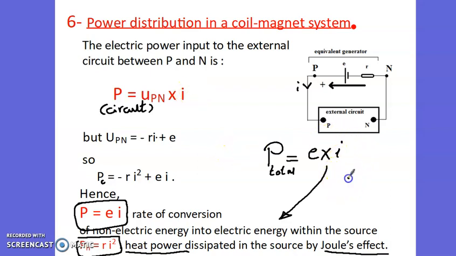So you can say P total is equal to P available to the circuit, which is U times I, plus P heat, which is the heat power dissipated in the wire of the coil. Okay, any problem? Let's make some application.